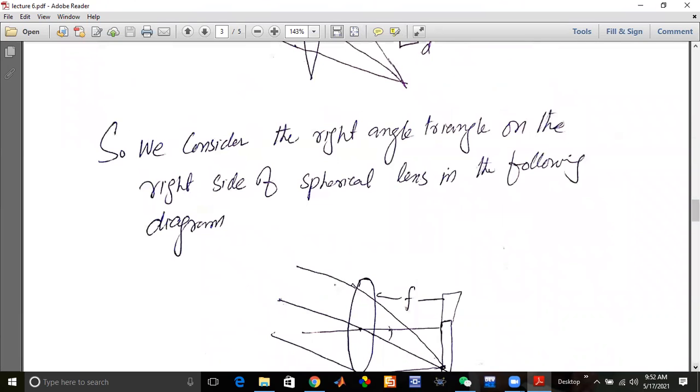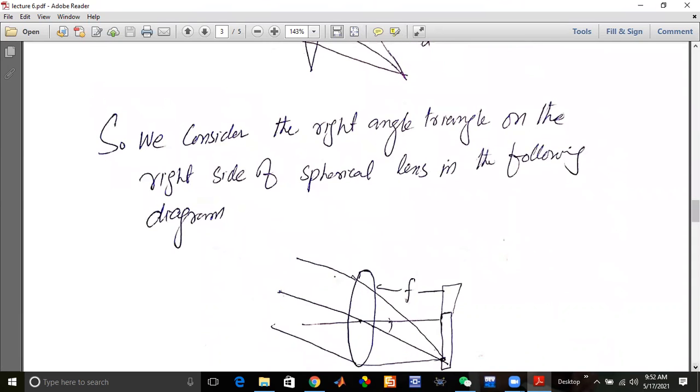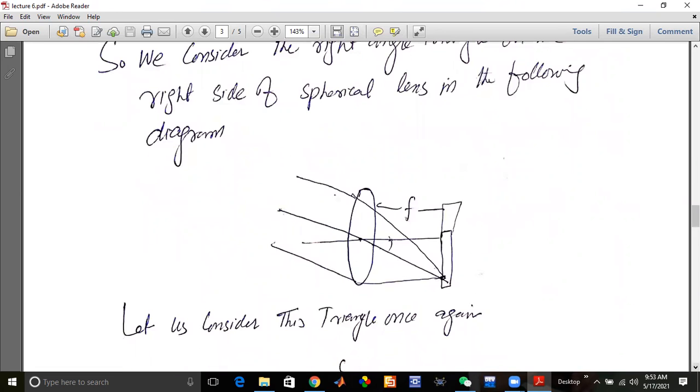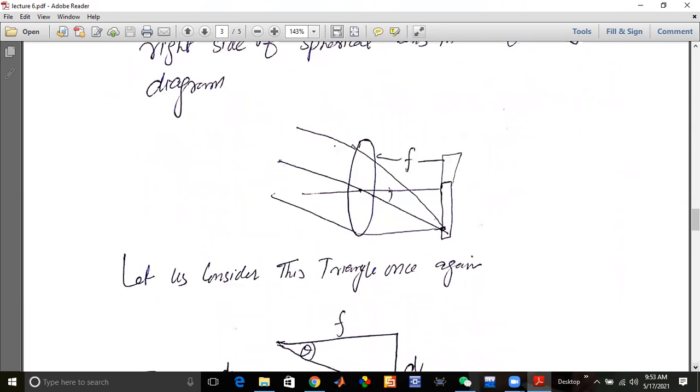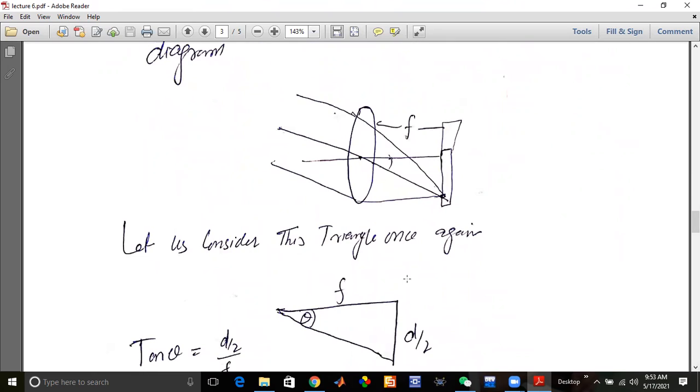So we consider the right angle triangle on the right side of the spherical lens. Here this is the angle theta, whose value is less than theta maximum, where theta maximum is the maximum acceptance angle. Let's consider this triangle here. What is the value of this?